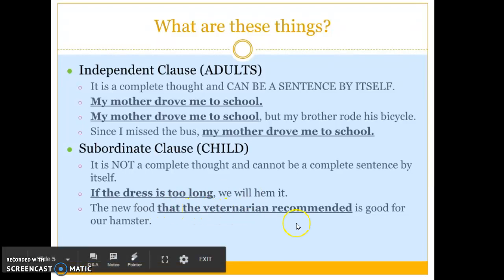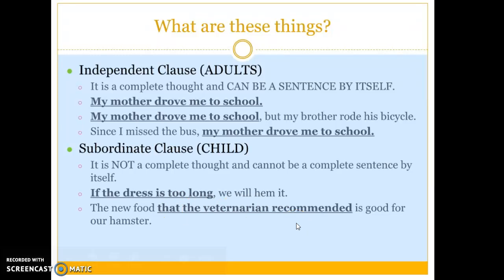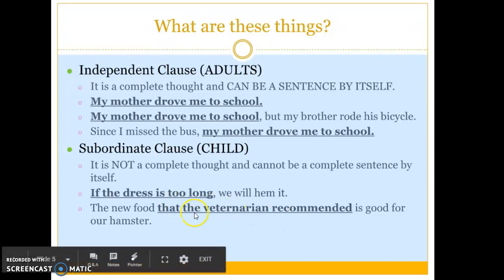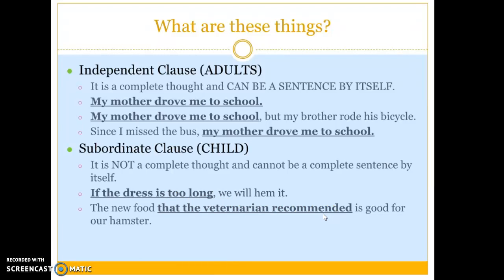Well, that the veterinarian recommended could never be a sentence on its own. It needs the adult. But one thing I want you to notice is that sometimes our kids, or our subordinate clauses, interrupt adults, or independent clauses, just like in real life. So our adult in this last one is actually the new food is good for our hamster. Okay?